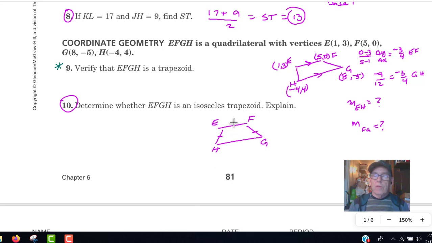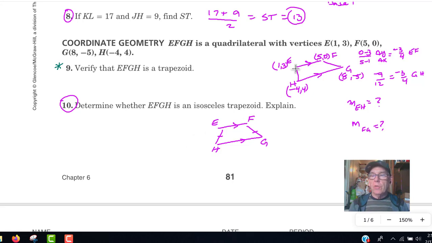So we already found that these two sides are parallel, so it's at least partly a trapezoid. If it's an isosceles trapezoid, then these two lengths would have to be equal. So I need to find the distance from E to H and the distance from F to G and compare those. So we'll do over here in pink.